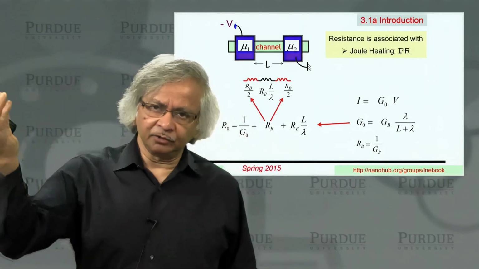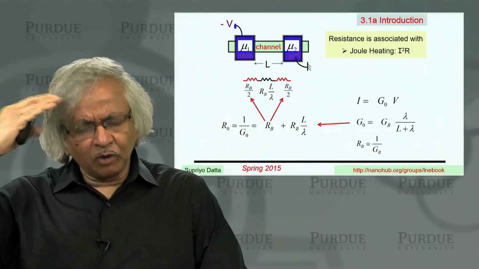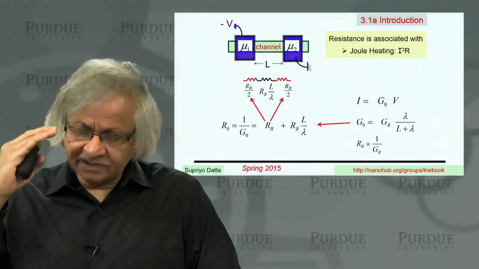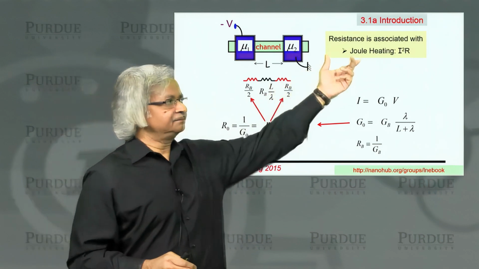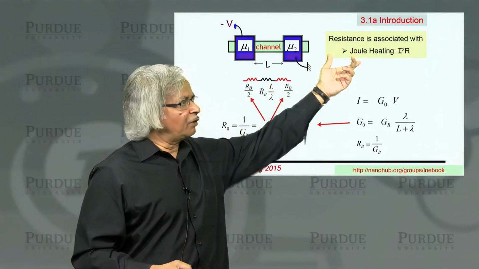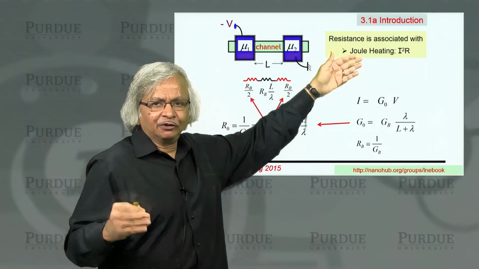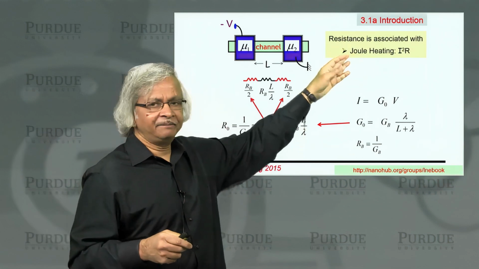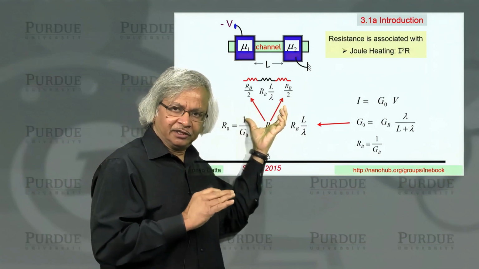When you run current through it, it heats up, and that's why it emits light. In most people's mind, then, resistance is associated with I squared R, that heating. And the point I want to make is that actually, if you try to follow the heating, that's very misleading and won't really get you what we are talking about here.